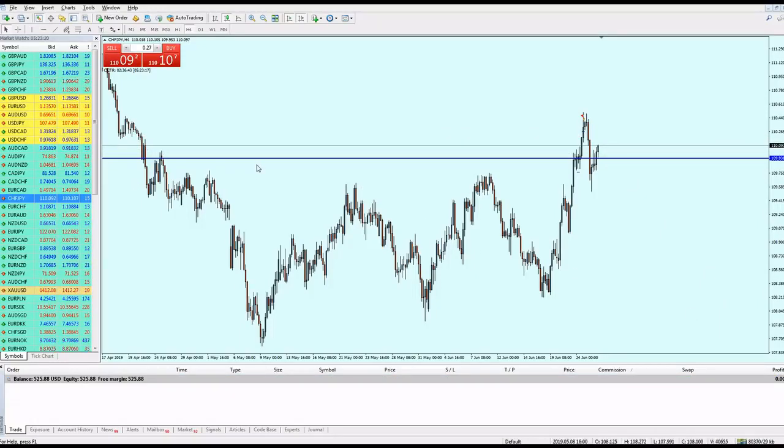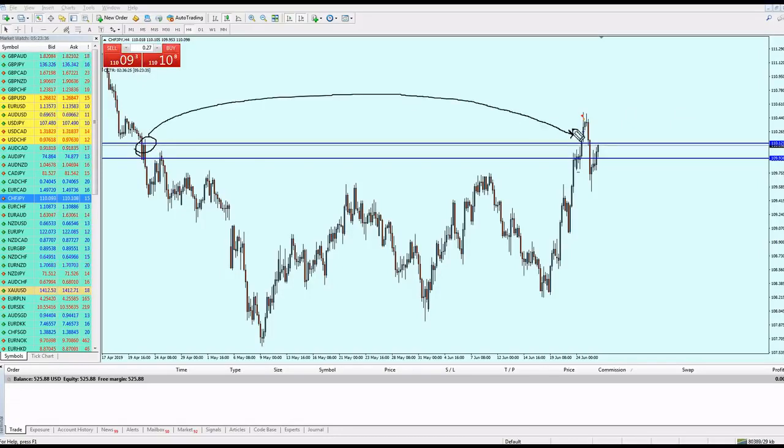Alright, so let me tell you the reason why I decided to close this trade now. If we look at the left, we can see there is a resistance level right here. And right here also, we can see this bearish breakout candle.